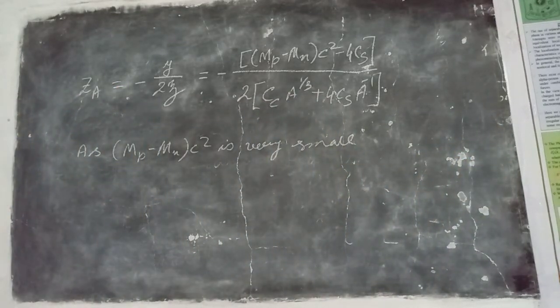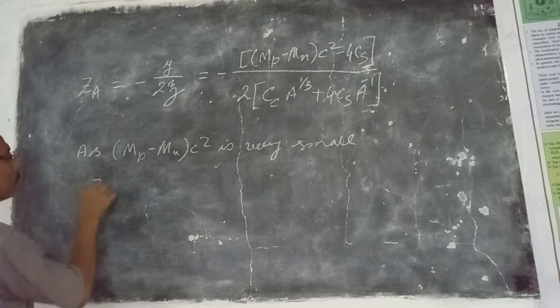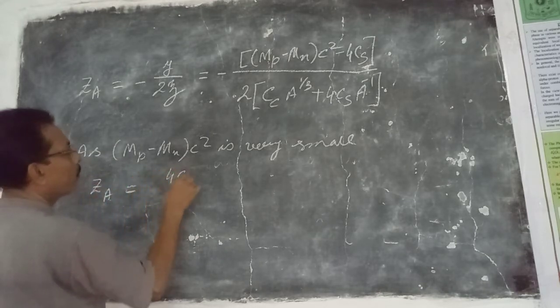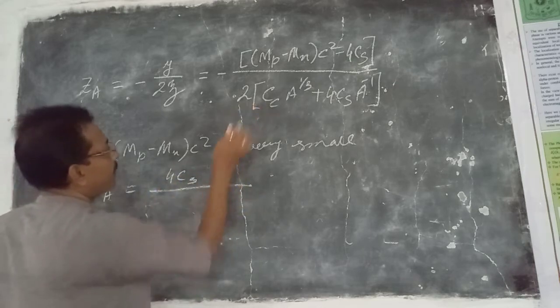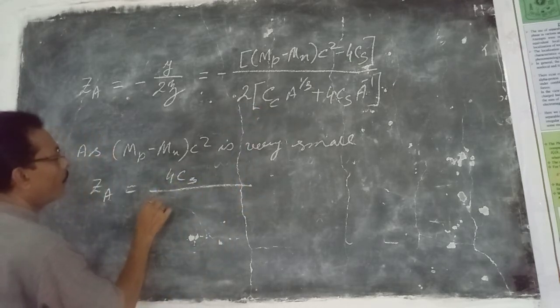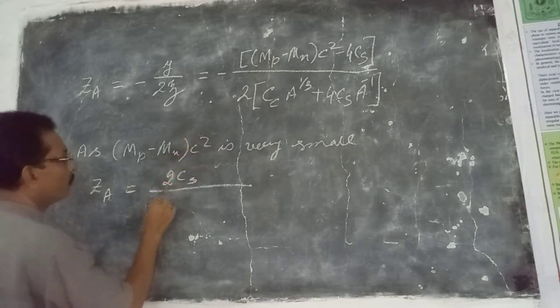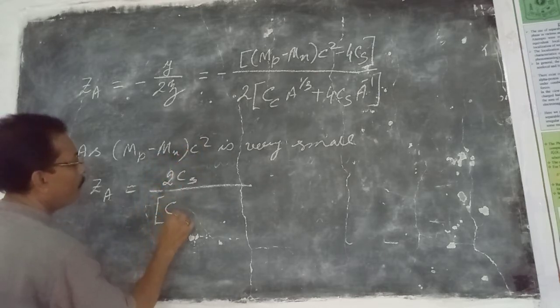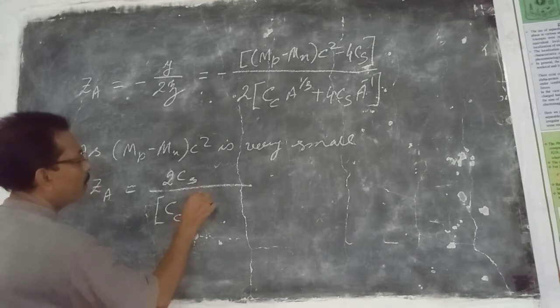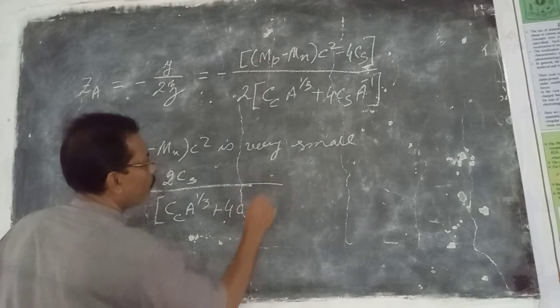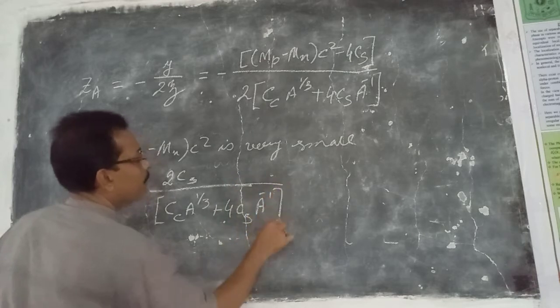That is, Z_A is equal to 4C_S divided by this term, or you write twice C_S over C_C A to the power 1/3 plus 4C_S A inverse.